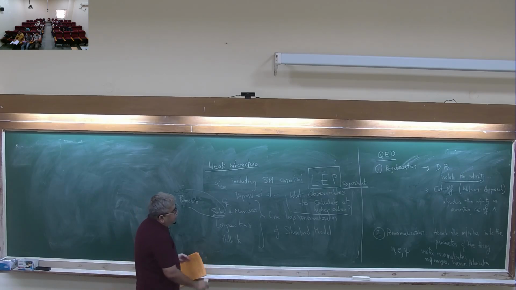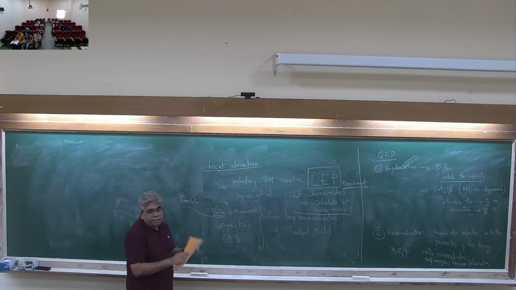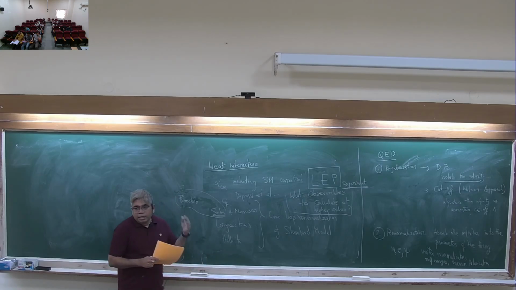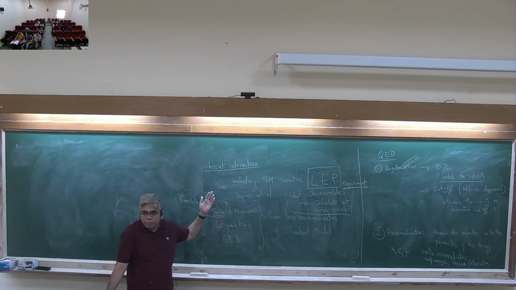I am emphasizing the LEP experiment so much because even today this data is very relevant, as there is nothing so precise even at the LHC. The mass of the W at the LHC will come slightly close; there is a measurement of the W mass which is slightly more precise.